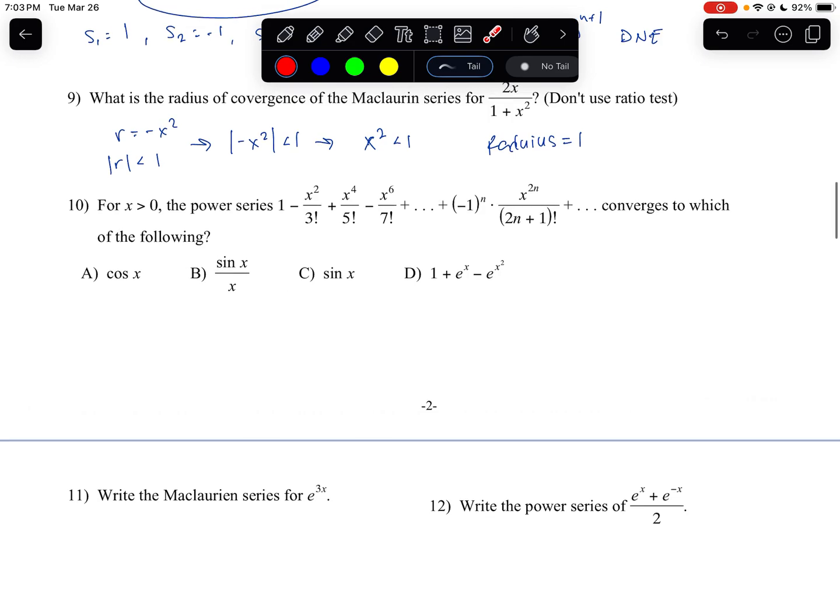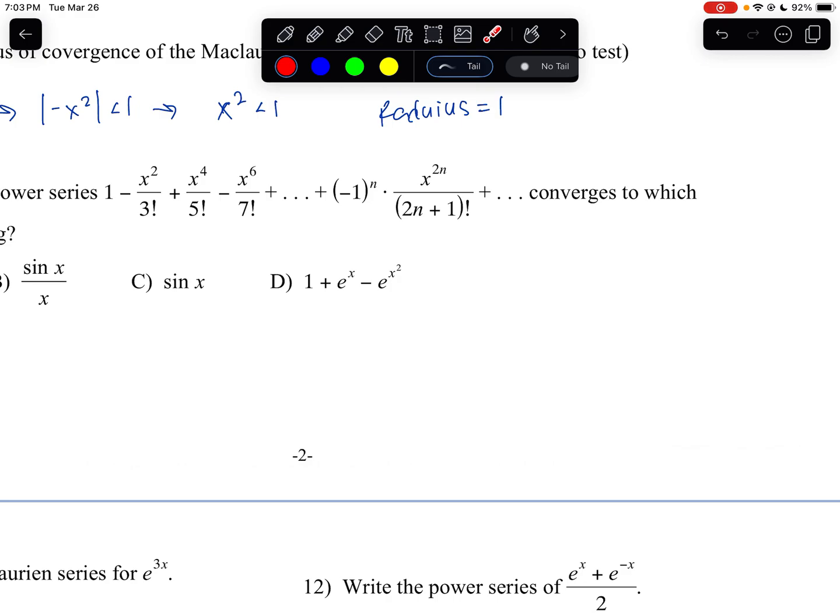I'll have these printed out for you for the test, but for the AP exam, you're going to want to be familiar with at least 3 of them: cosine of x, sine of x, and e to the x.